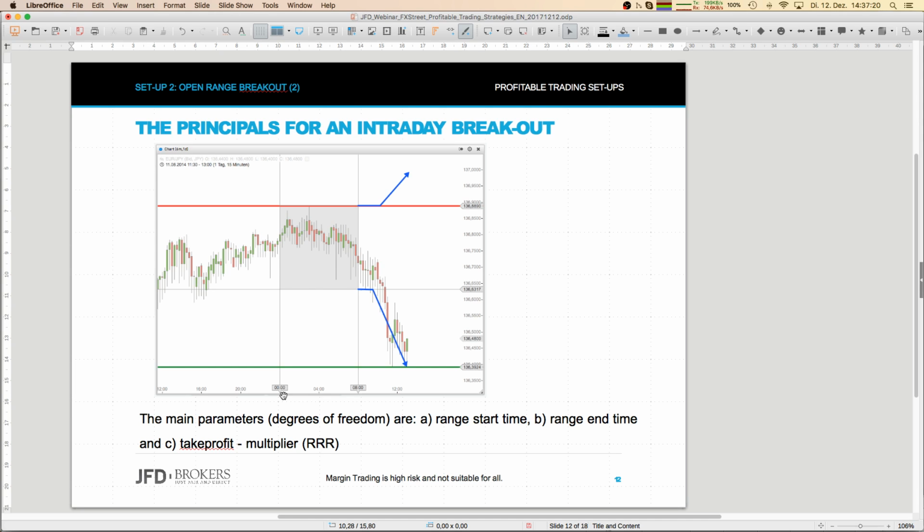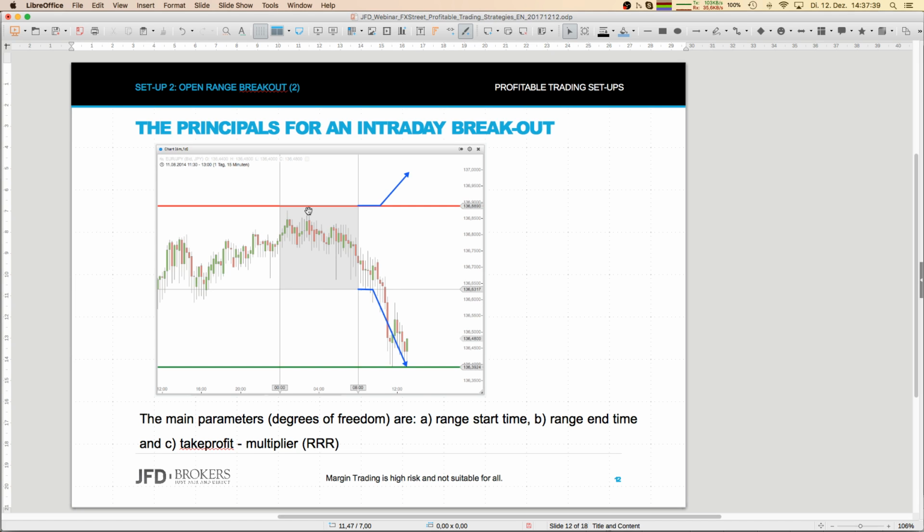So first we have those 2 vertical lines here, and then we ask where's the maximum, the highest point within that time period, and the lowest. Unfortunately, the lowest is exactly at the end of the range here. Therefore, you can't see the candle exactly, but you can believe me, it's exactly here.